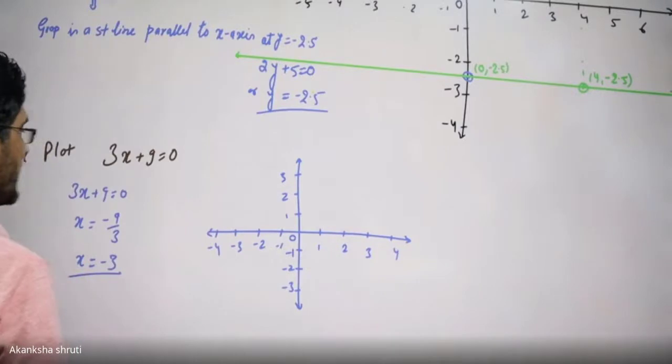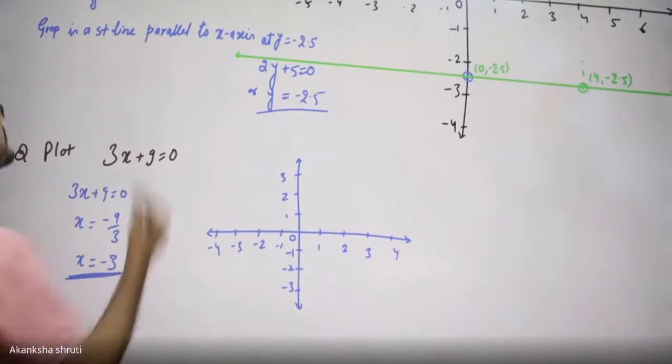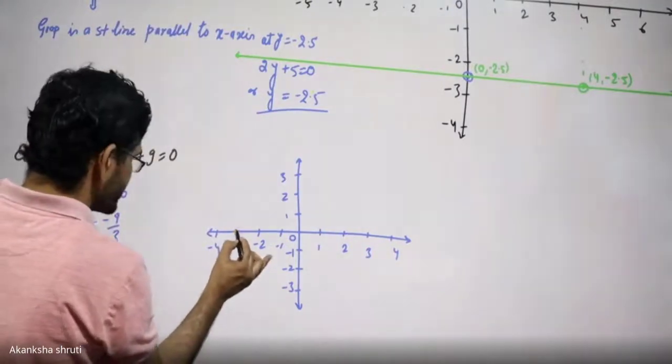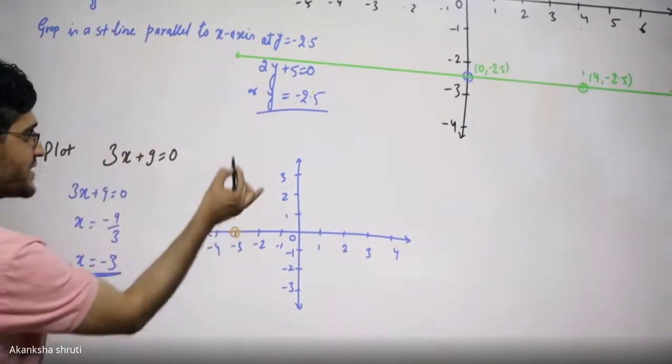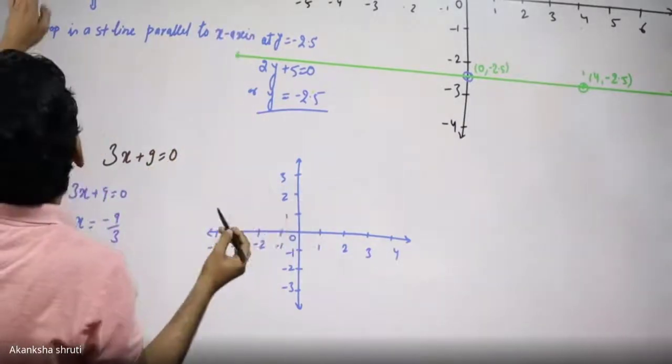Students, now see this. x is minus of 3, so mark that point. To draw in two dimensions, we have to draw a line passing through this point and parallel to the y-axis.